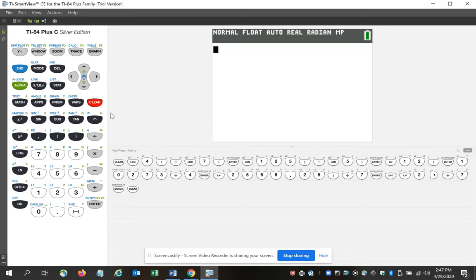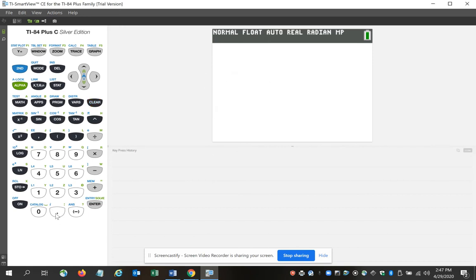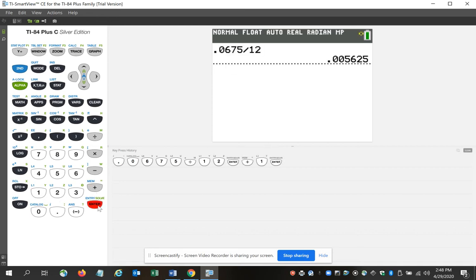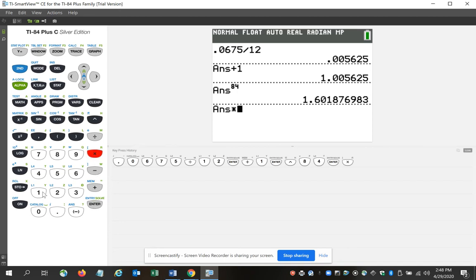Okay, so I'm going to clear this out. We start with the piece that's in the parentheses. We start with the division. So we take 0.0675 and divide it by 12. We add 1. We raise it to the 84th power, and then we multiply that times 15,000.